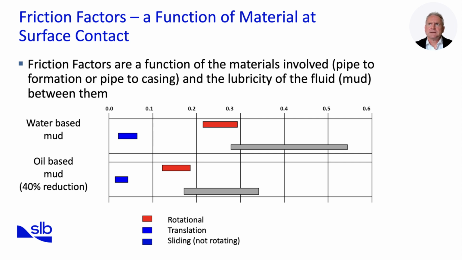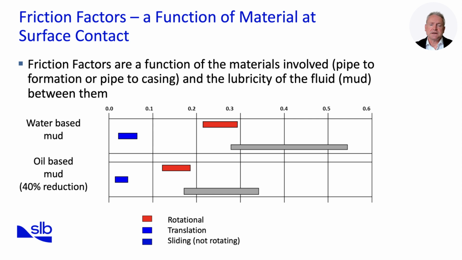Pipe-to-formation contact generally generates higher friction factors than pipe-to-casing contact because formation walls are rougher, more irregular, and less uniform. In contrast, casing provides a smoother and more consistent surface, reducing drag. However, if the casing interior becomes roughened by scale, debris, or irregularities in the cement sheath, friction can increase.